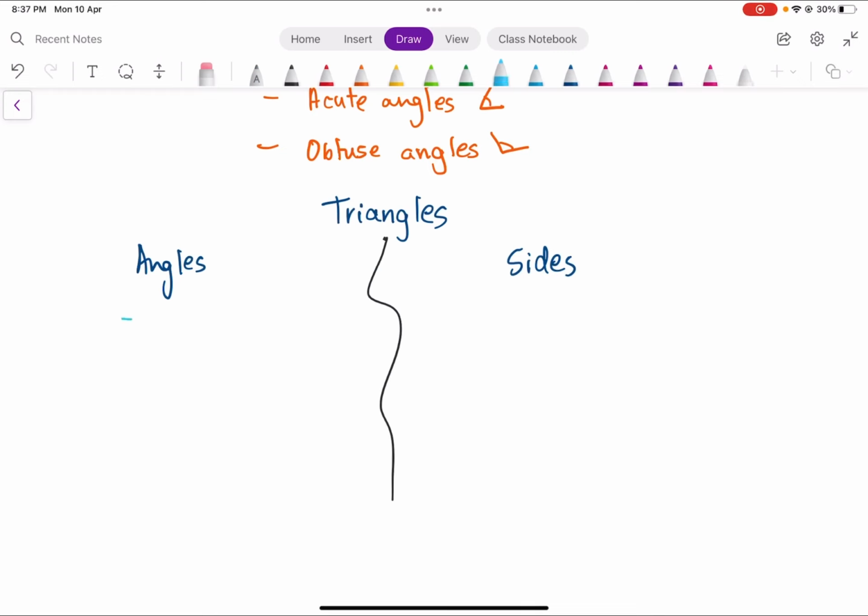Based on their angles, there are acute triangles, obtuse triangles, and lastly, right triangles.